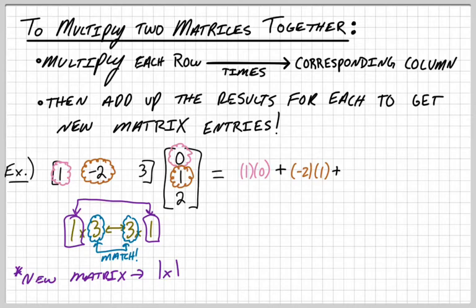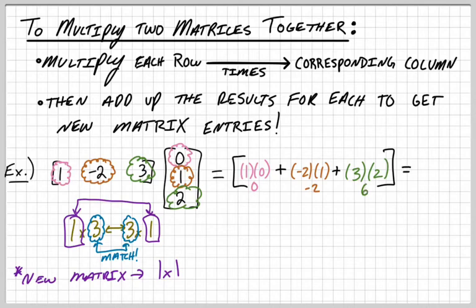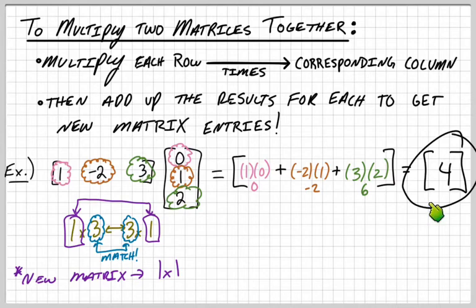Plus, finally we have the 3 multiplied by the 2. And voila, we sum these up, we have our final answer to put in a 1 by 1 matrix. So let's see. That's 0, negative 2, and 6 for a grand total of 4. And there's our 1 by 1 matrix.